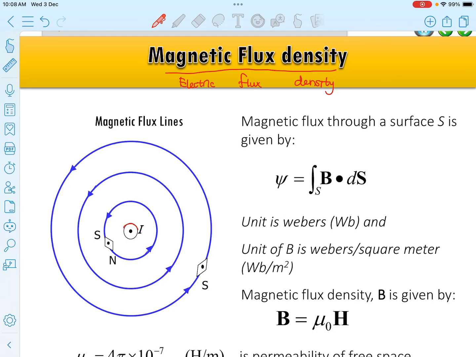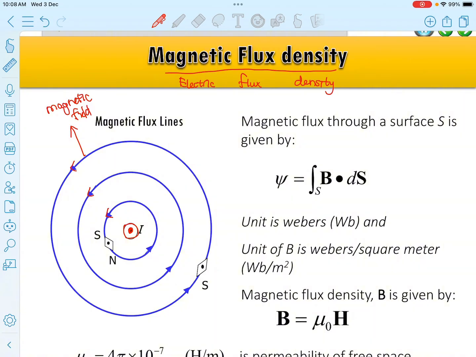If this is your current, coming out from the surface, there will be a magnetic field surrounding the current filament. You can determine the direction of the magnetic field by using the right hand rule, where your other four fingers point in the counterclockwise direction.